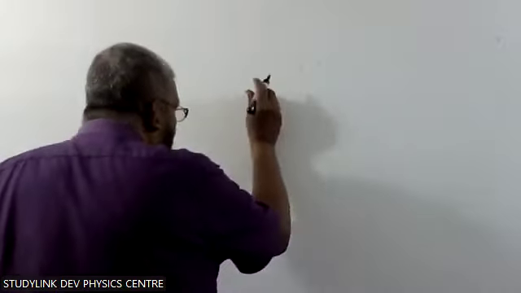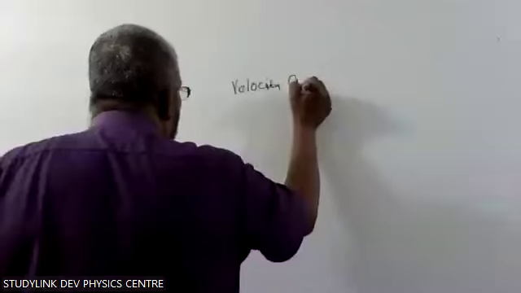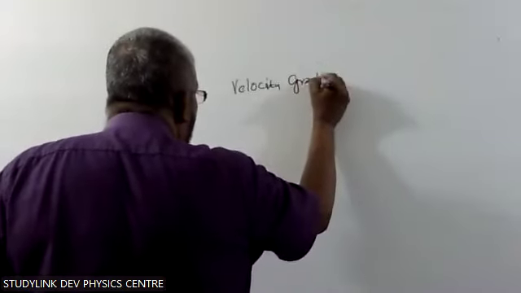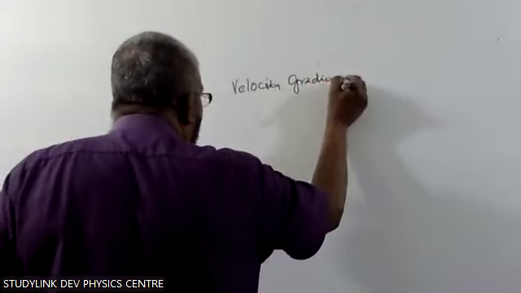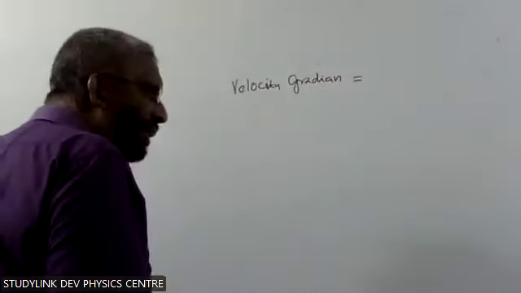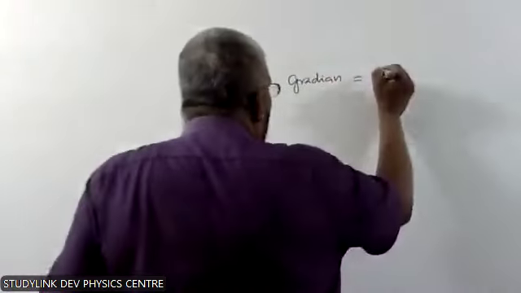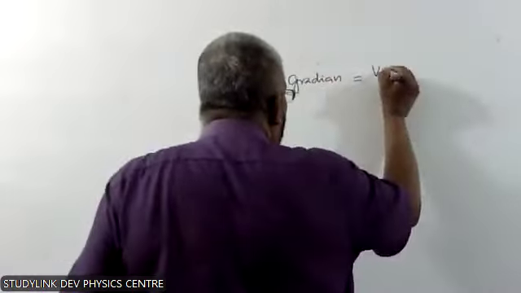We'll say velocity gradient. This is in the 10th unit. There I write it as velocity difference divided by length.